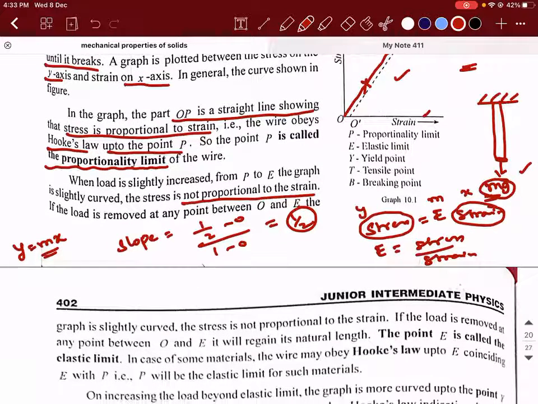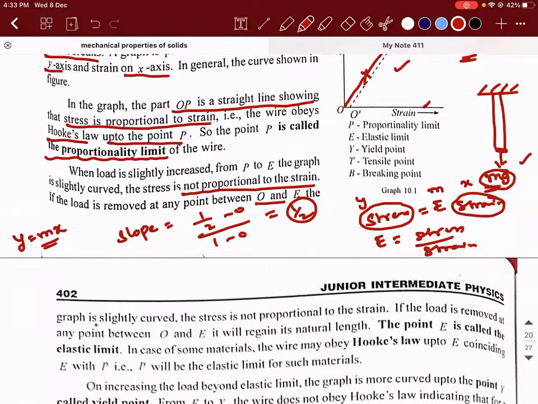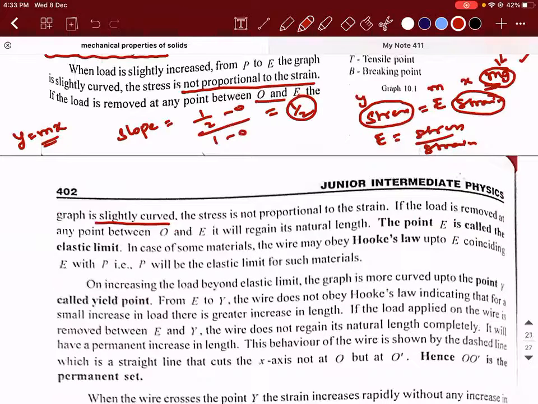Then what will happen if the load is removed at any point between O and E? The graph is slightly curved. If the load is removed at any point between O and E, it will regain its natural length. This point E is what is called the elastic limit.